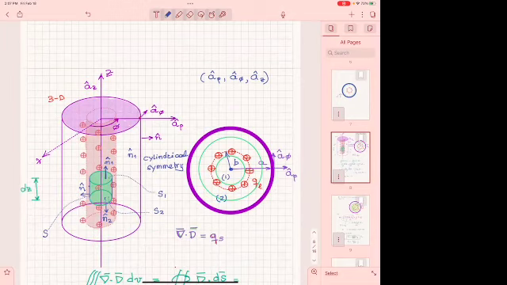A sub z is along the z direction. And A sub phi, at every point where you are sitting as an observer, your A sub rho is along the radial direction, and your A sub phi is perpendicular to A sub rho and going through you, but on the XY plane. So that's how we define it.